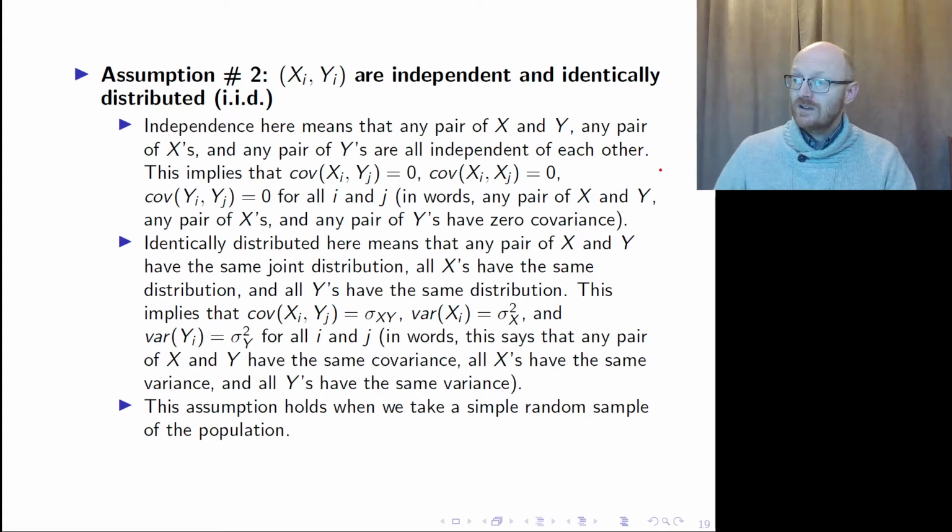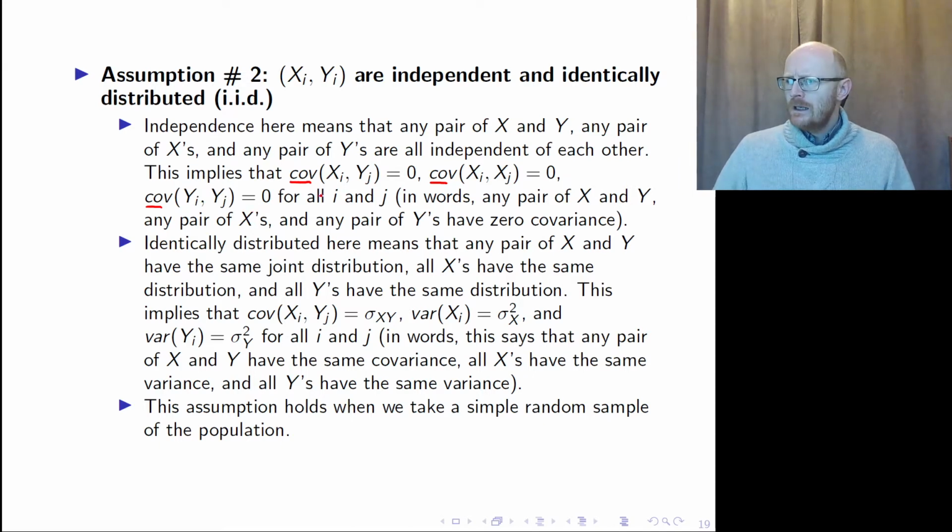So you can test that by looking at the covariance between x and y, and the covariance between different x's, and the covariance between different pairs of y's. They should all be 0.